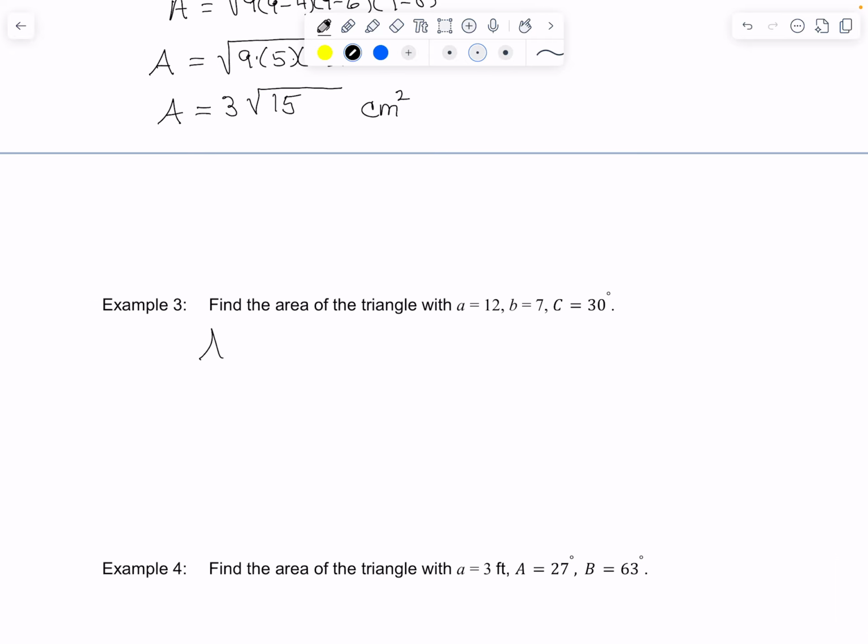So we have our area is equal to 1/2 times 12 times 7 times the sine of 30 degrees. Checking to make sure your calculator is in degree mode and multiplying these together.